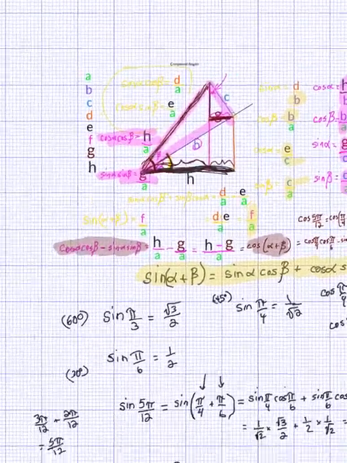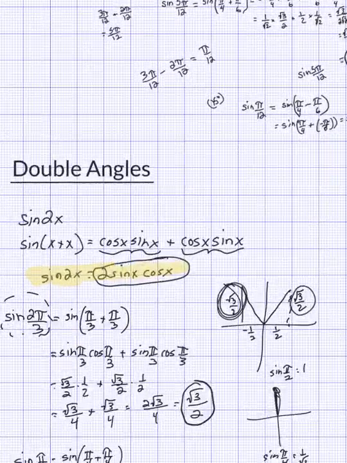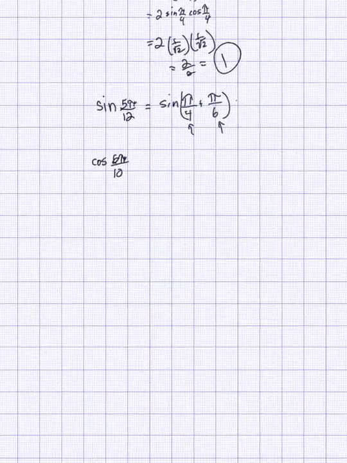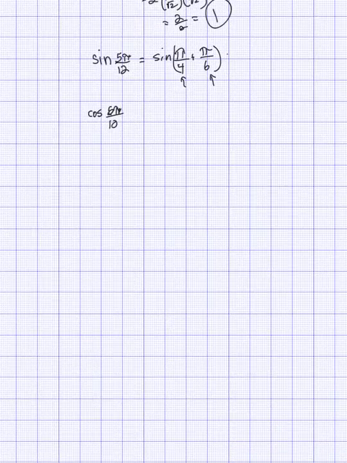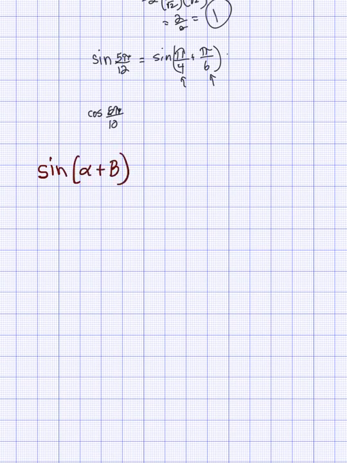Let's look at that. From those sets of triangles, we learned that the sine of any two angles added together is just going to equal the sine of the first times the cos of the second plus the cos of the first times the sine of the second.